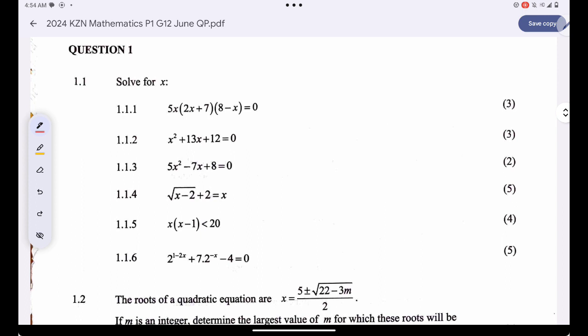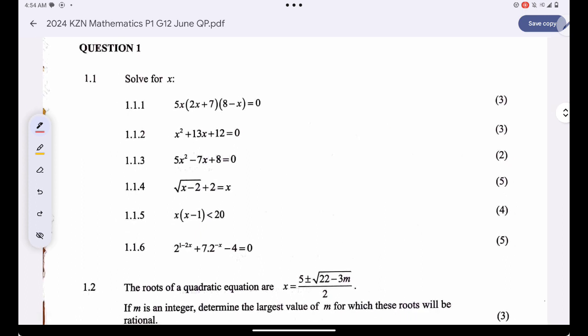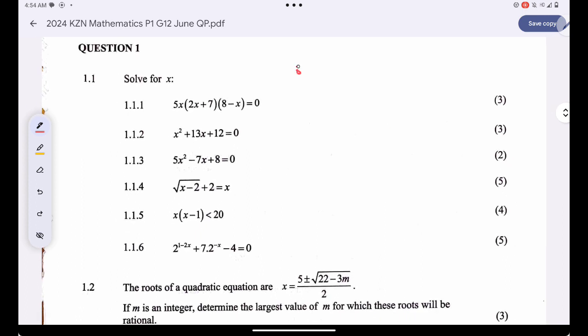3 terms which are multiplied and the answer is 0. When you have 3 things multiplied and the answer is 0, it simply means one of them can be 0, or all of them might be 0. So 2x + 7 is 0 or 8 - x is 0.